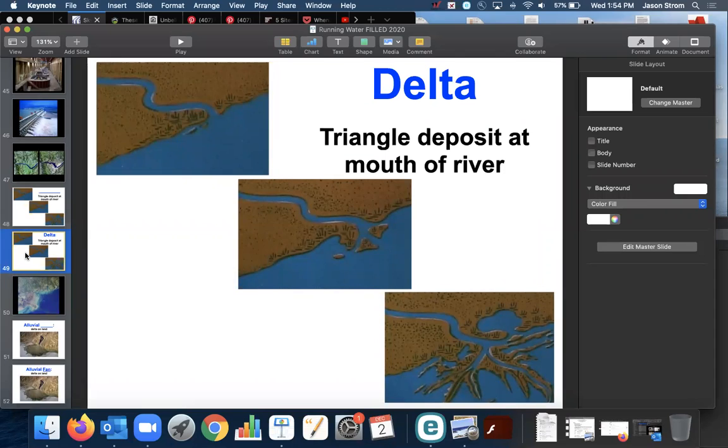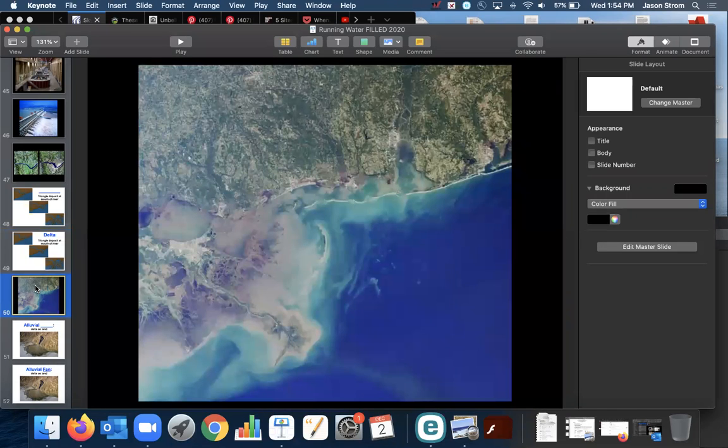And that's exactly what happens here. As that river empties into the ocean, the water is moving more slowly, so that sediment settles to the bottom. And eventually, it'll build up and build up and build up and form land, which is pretty much what New Orleans is built on. So this picture shows the Mississippi emptying into the Gulf of Mexico.